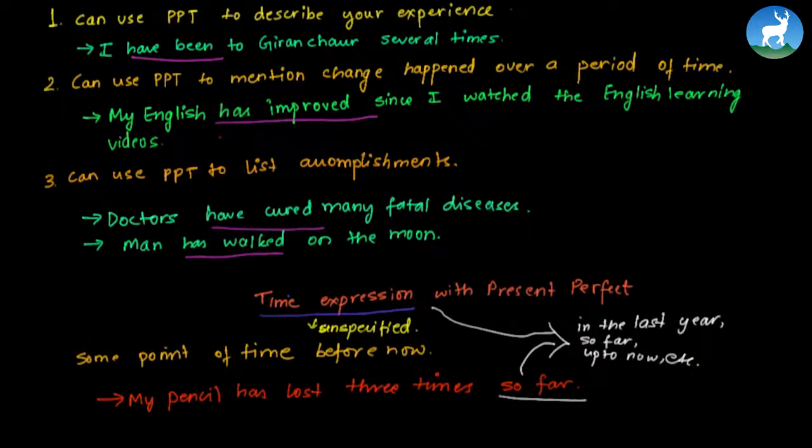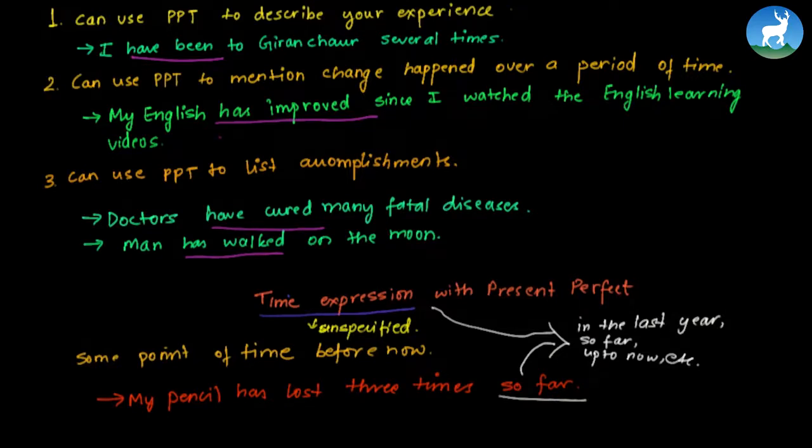Now I have listed some points where you can use the present perfect tense. You can use the present perfect tense to describe your experience. For example, I have been to Kirantor several times. You can also use it to mention change happening over time. That is, your English was not very good before, but since you've started to watch the videos, you've improved your English.